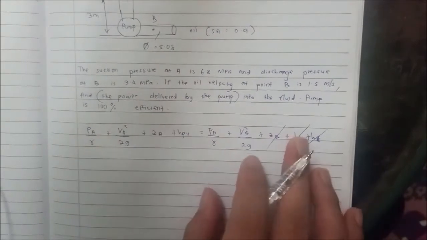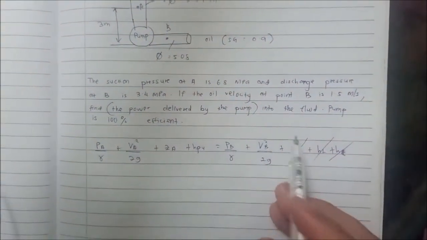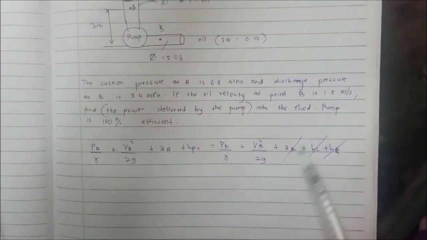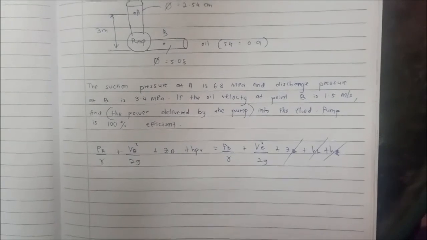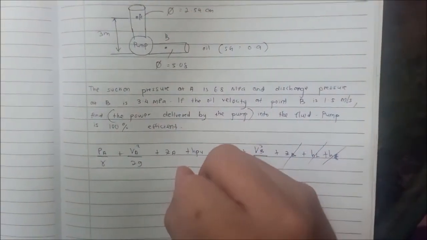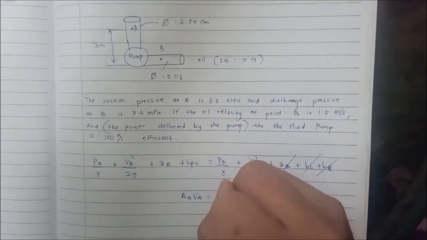In order to find the WP, we need the HPU here. But before that, we have to find the velocity at A. So we have to use the formula AA VA equal to AB VB.